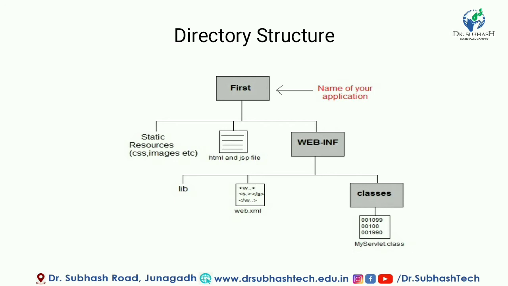There will be subdirectories for the static resources like CSS files, images, or JavaScript files, and so on. Next, we will have the different web pages, for example HTML or JSP pages. There will be a subdirectory named WEB-INF. In the WEB-INF folder, there will be the lib folder, the web.xml file, and the classes directory.